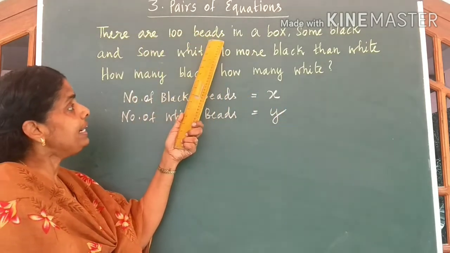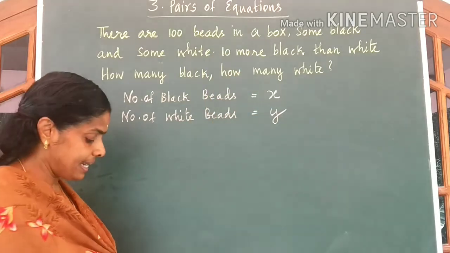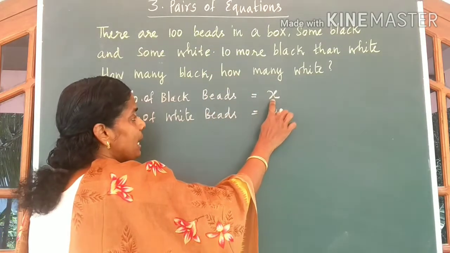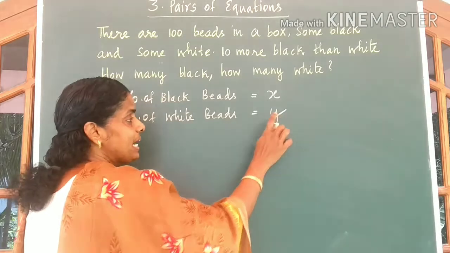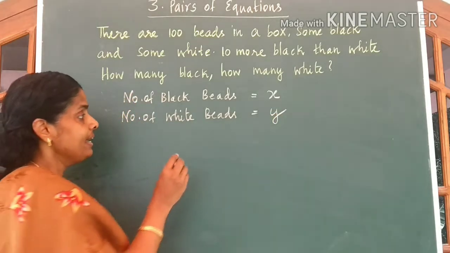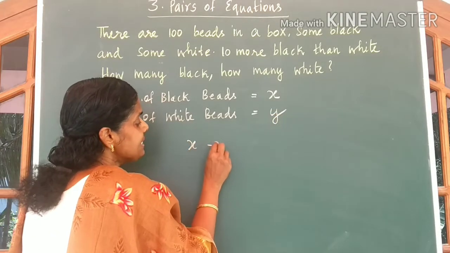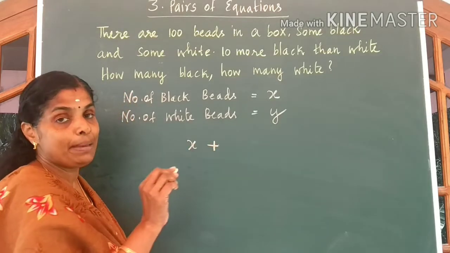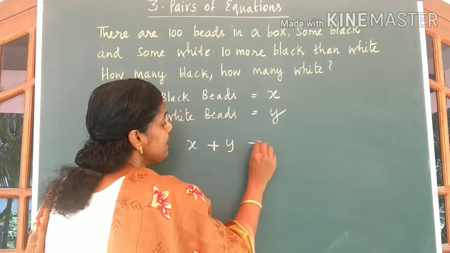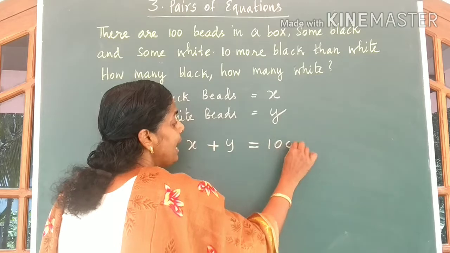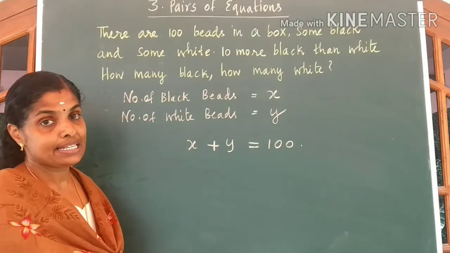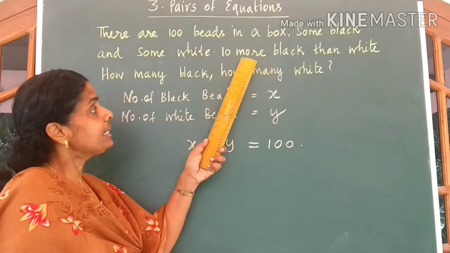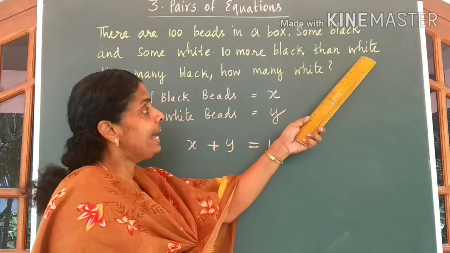Now come to the condition. There are 100 beads. So you can write the number of black beads plus the number of white beads is equal to 100. That is, if you write it as an equation, x plus y is equal to 100. Now look at the second condition given. 10 more black than white.